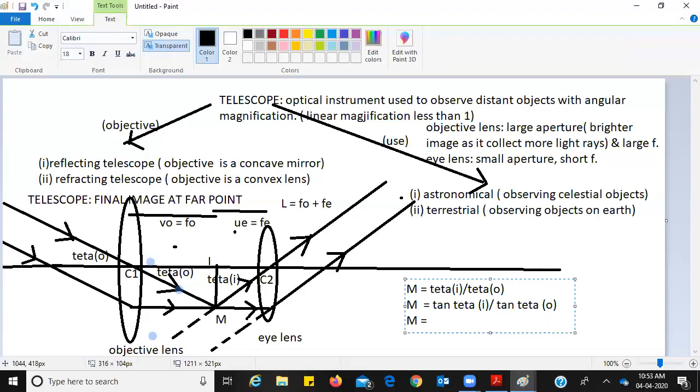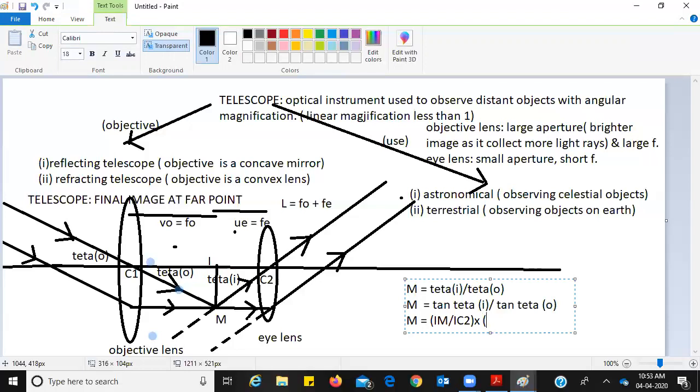Substitute the values. So you will get IM by IC2 into IC1 divided by IM. You're taking the reciprocal, right?